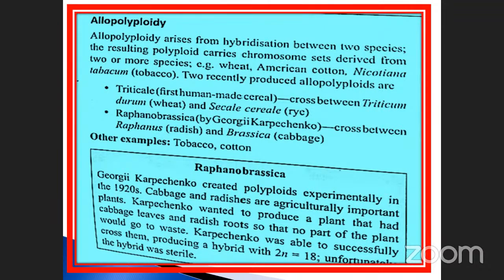Anyhow, Raphanobrassica. See here what they did: Georgii Karpechenko created polyploidy experimentally in the 1920s. Cabbage and radish are agriculturally important plants. He wanted to produce a plant that had cabbage leaves and radish roots so that no part of the plant would go to waste.